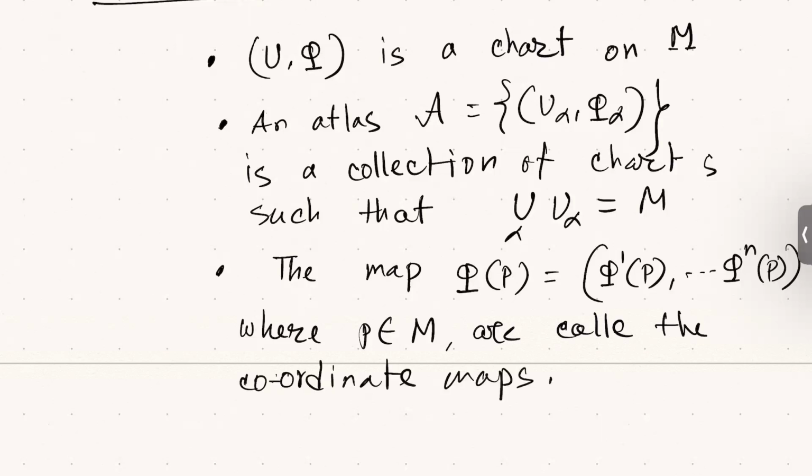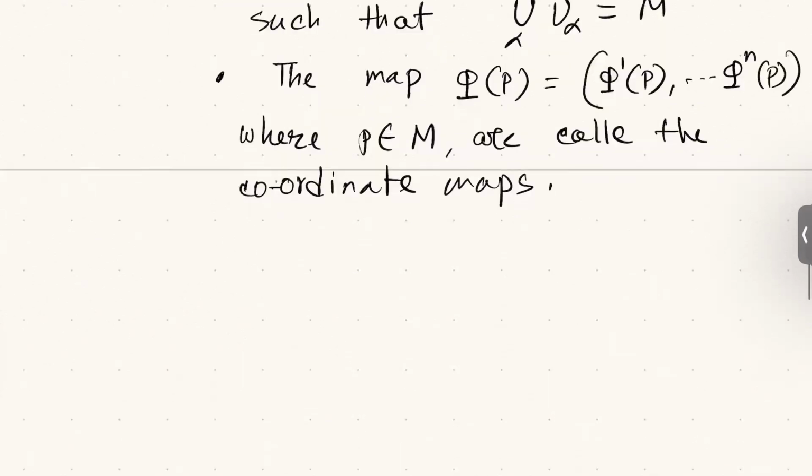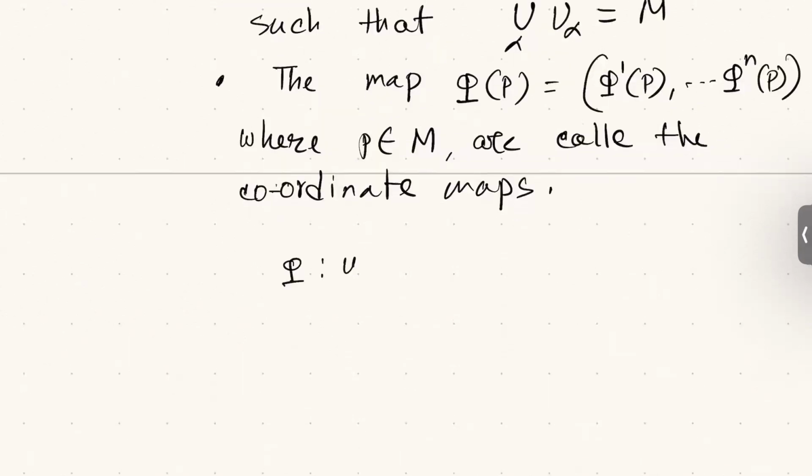So this is a bit abstract, but let us think about it. We know an example of an atlas, which is basically the atlas of our Earth, right? Phi is the homeomorphism, since I'm considering phi from U, a subset of M, to some subset of Rn.